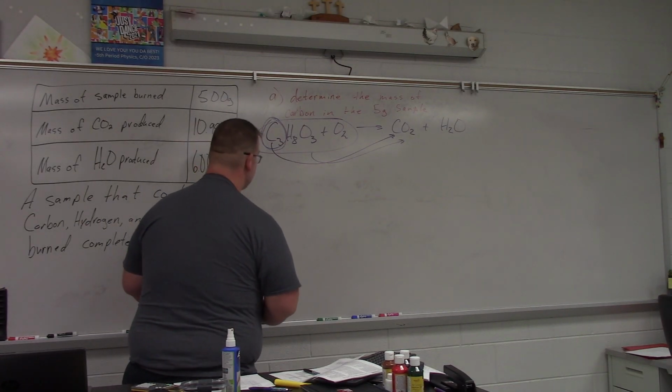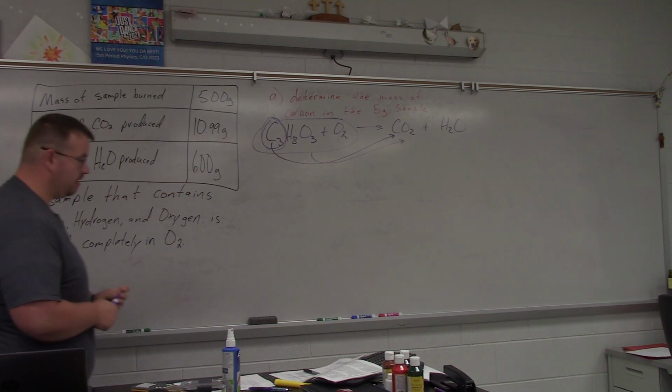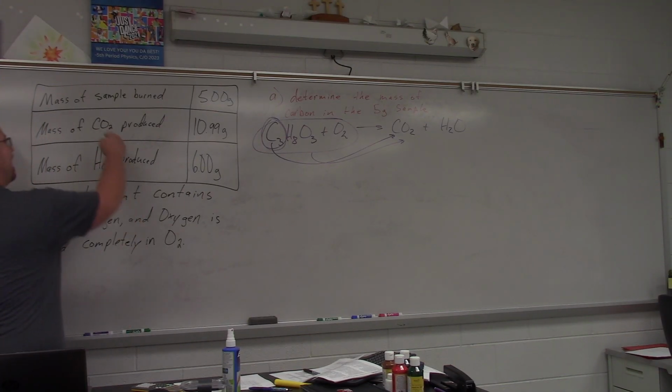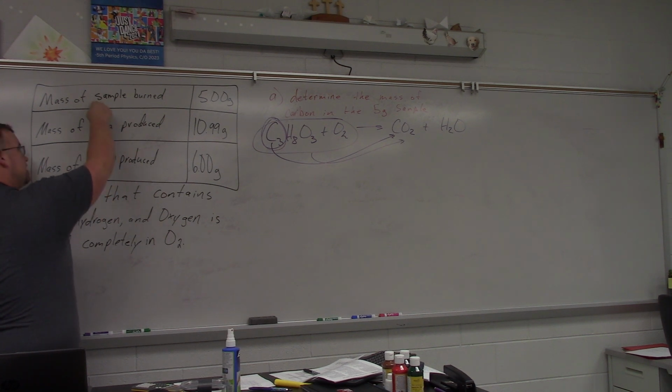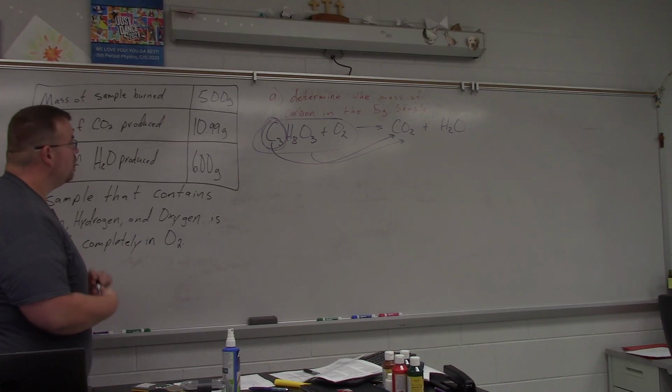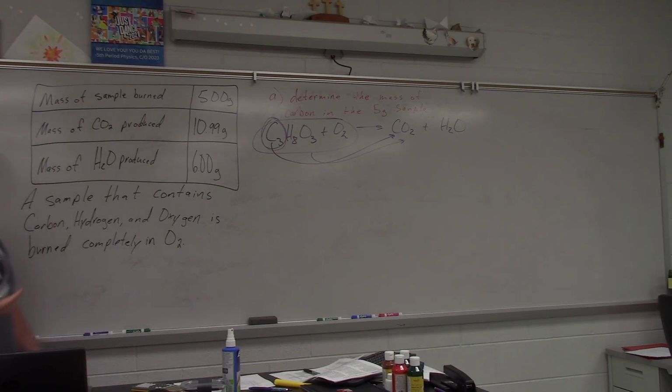So the key for us to be able to do this calculation and figure this out properly is we have to look at the carbon dioxide, because we know all the carbon from the sample is sitting in here. So if we're going to determine the mass of the carbon, we'll start with just the mass of the carbon dioxide.